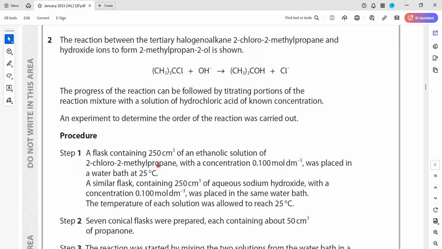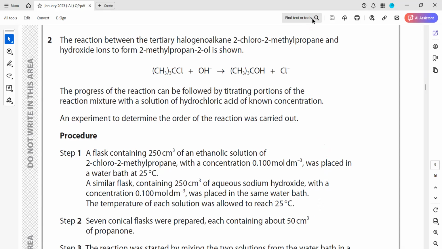The solubility of a substance varies in different solvents. This is a halogenoalkane. Halogenoalkanes are not water soluble, they do not dissolve in water. So alcohol is used as a solvent, because alcohol and water can mix with each other.